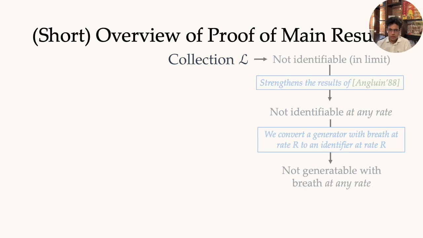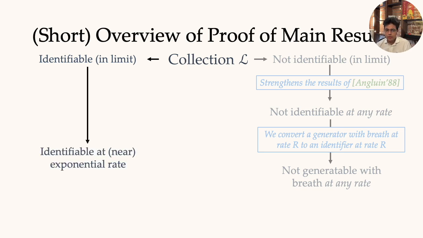Now I'll move to the second half of our results, where we look at identifiable collections and show that they can be generated with breadth at almost exponential rates. Here, the first step is to obtain an identifier at near exponential rate for the collection.